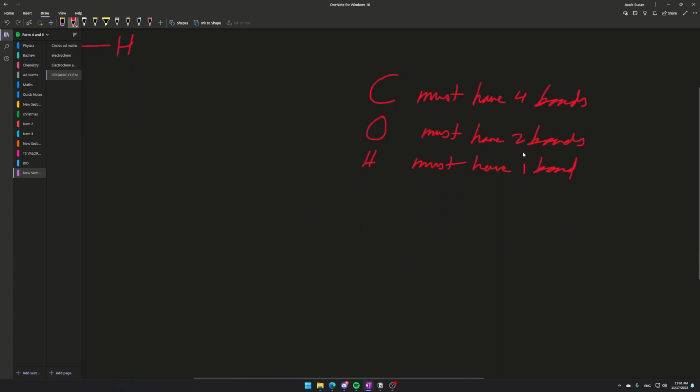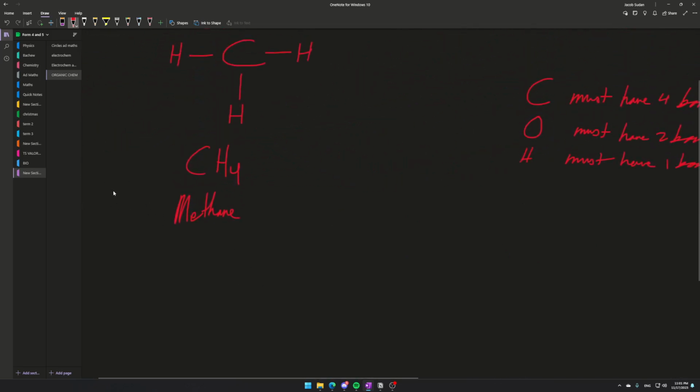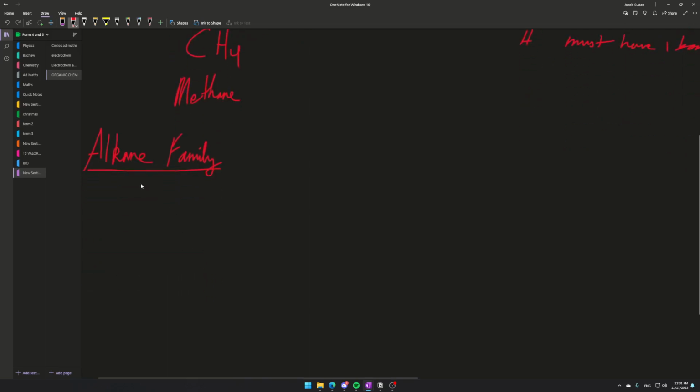The carbon compounds are named accordingly to the number of carbon atoms present. So, we're going to explore 2 of the families. We'll explore the alkanes first, the alkane family. Now the alkanes, all of them end in -ane.